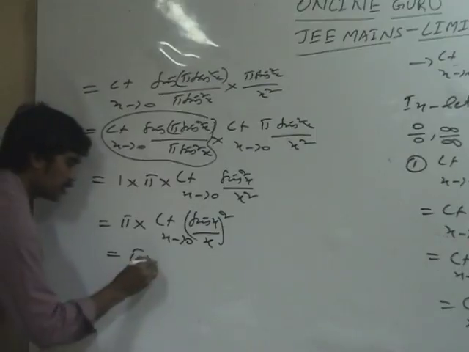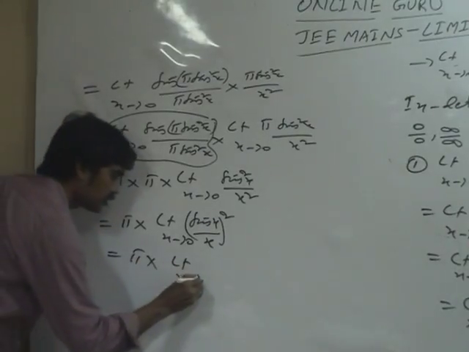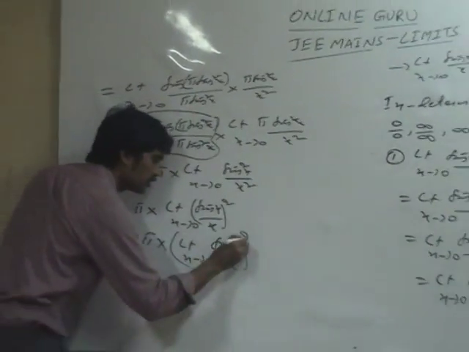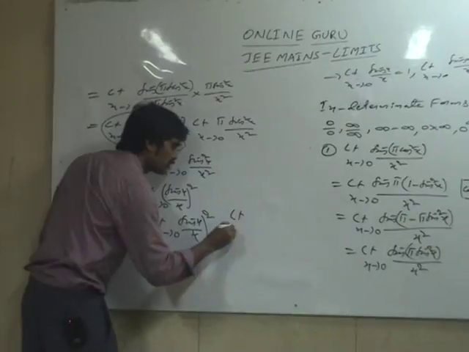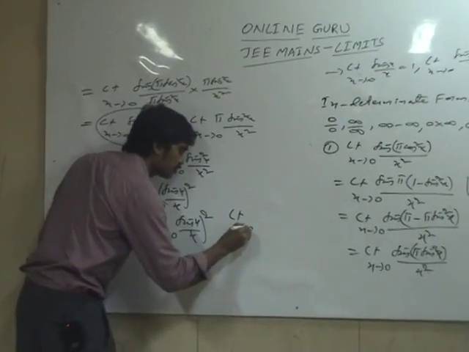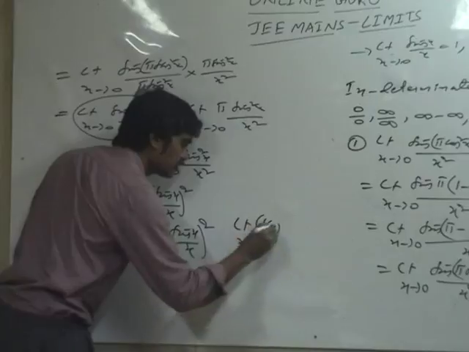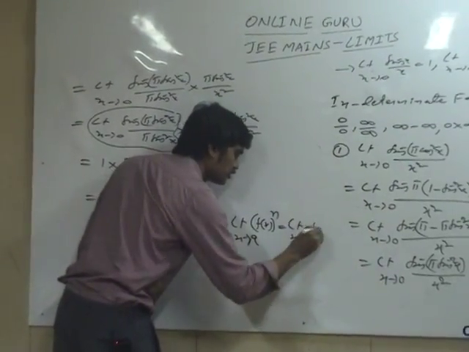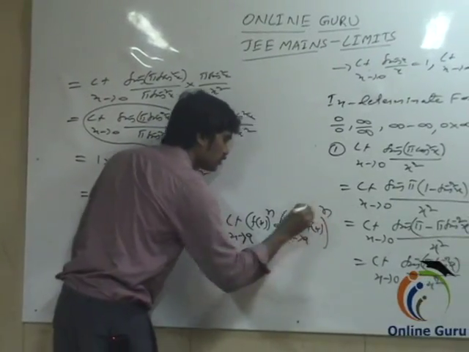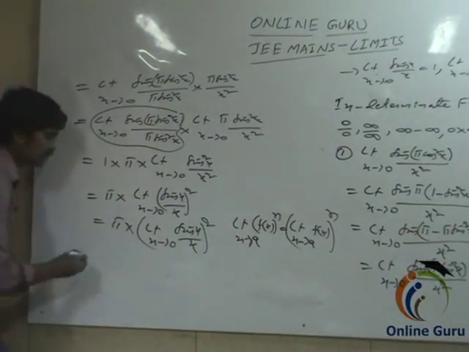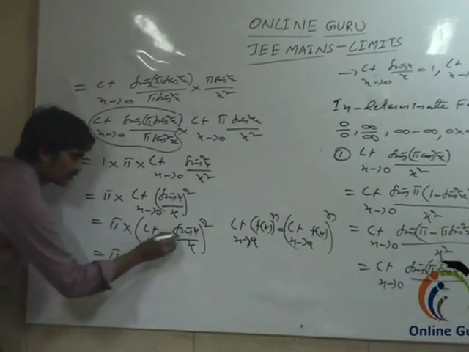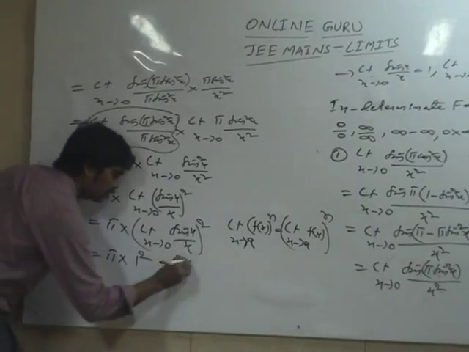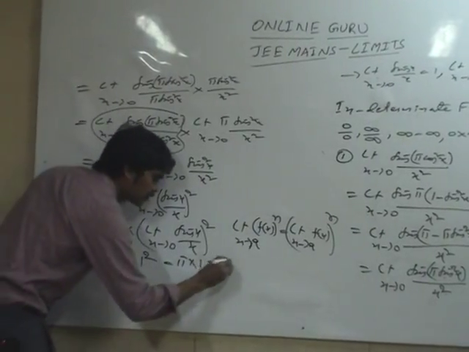This equals pi into limit x tends to 0 sin x by x whole square, by using the formula limit x tends to a f of x whole to the power of n equals limit x tends to a f of x whole to the power of n. This equals pi into, this value is 1, so this is 1 square. This equals pi into 1 square is 1, and this equals pi.